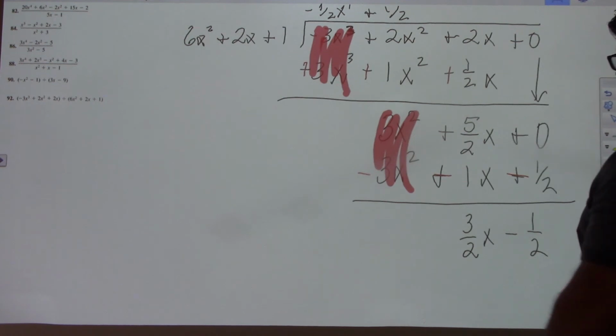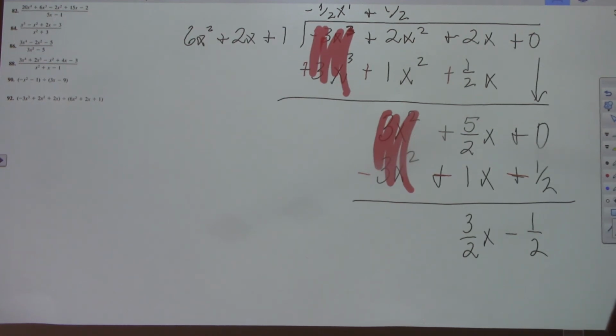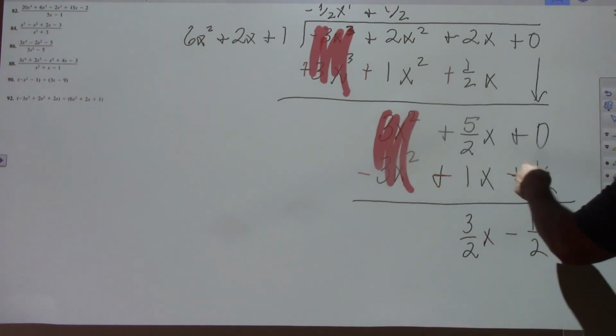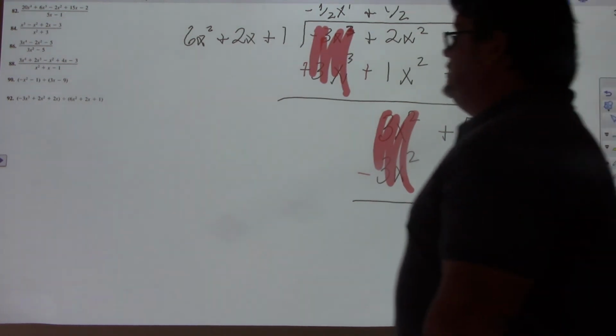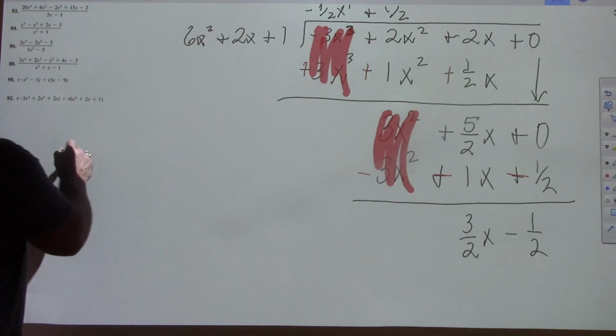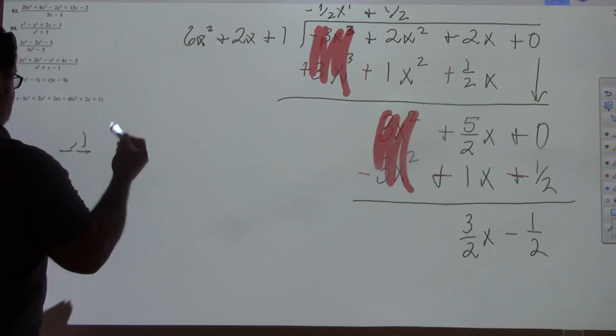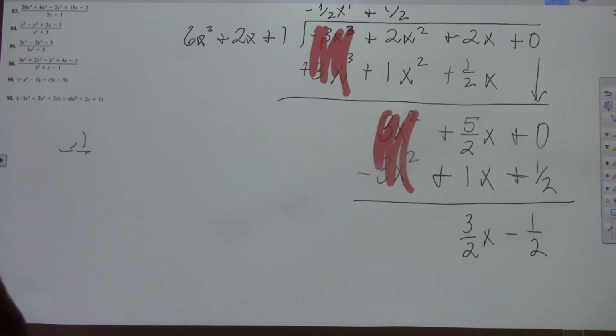And 0 minus 1/2 is? Is it not 5/2 plus? What does the negative do? It was positive. Oh, it was positive to start with. Okay, I wrote it down. So your answer is negative 1/2. I don't know where that came from.